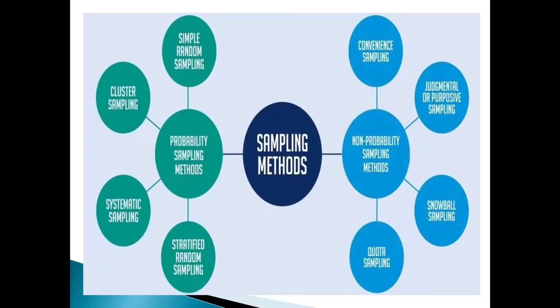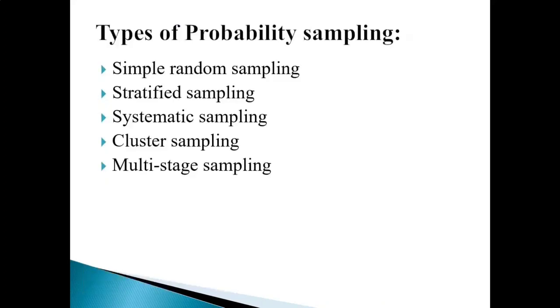Then snowball sampling, we have all come across snowball sampling. Snowball sampling is basically done for a hard-to-reach population. So there are different types of populations and different types of sampling methods. According to the population, we have to choose the sampling method.